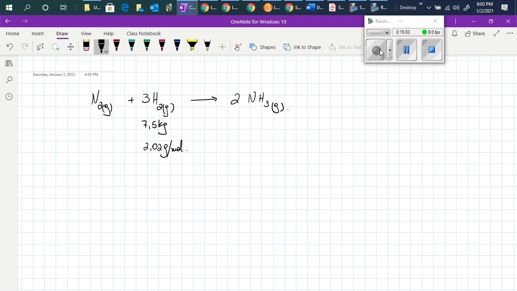And then what we are looking for is liters, but at certain conditions, which are not standard conditions. So it is 450 kilopascal and 80 degrees Celsius, which converted into Kelvin is 353.15 Kelvin.